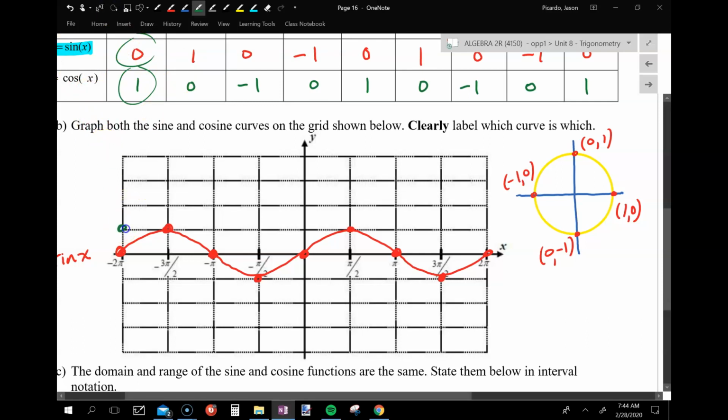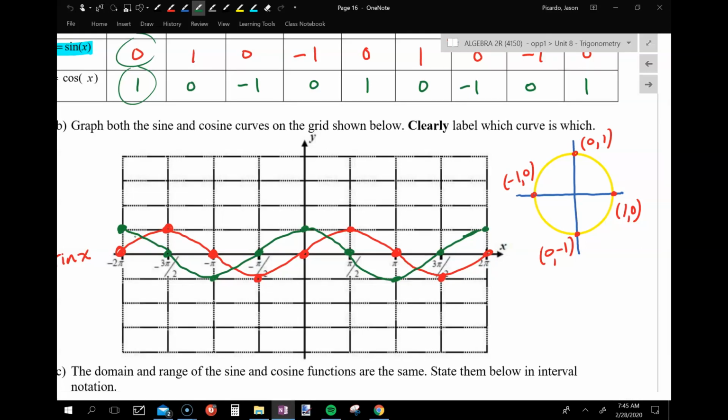So I would start my graph here and then go to 0, -1, 0, 1, 0, -1, 0, 1. And my graph looks like this guy, which I think we can all agree is basically the exact same graph. It just starts at a different value, doesn't it?